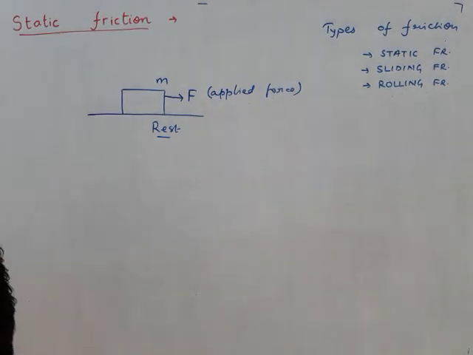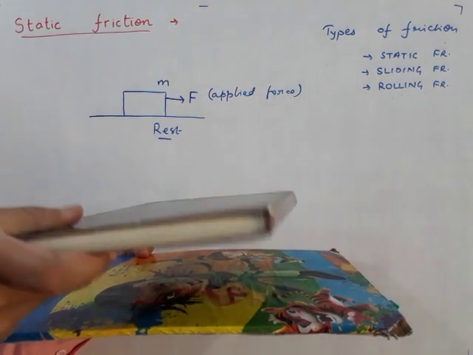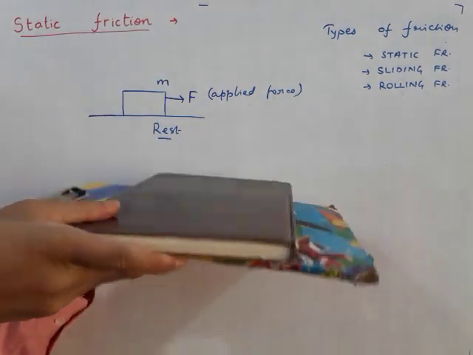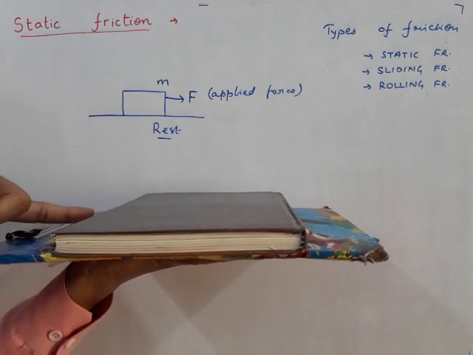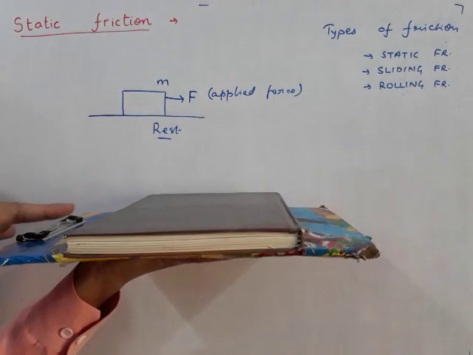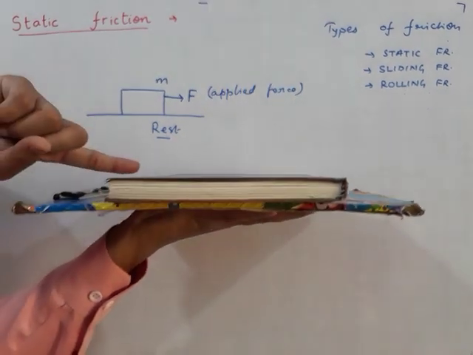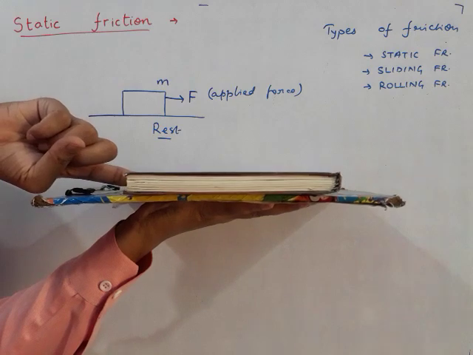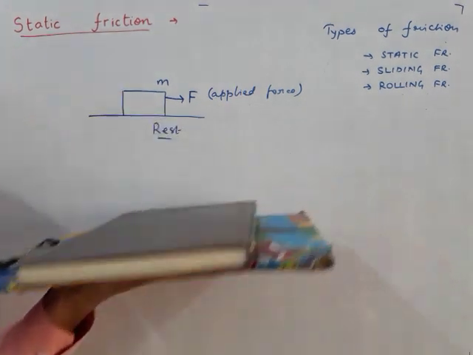For example, suppose this is a surface and on this surface I put some object like this. And now I apply with my finger a small force, a very gentle force on this particular object towards the right, as indicated in that figure. On applying a very small amount of force, I find that this object does not move.